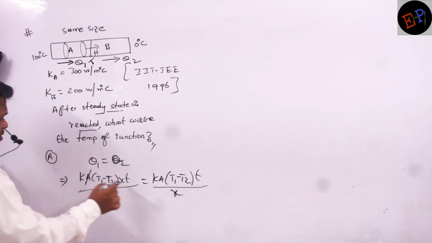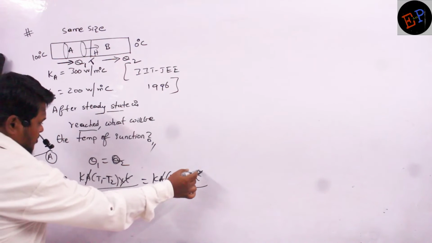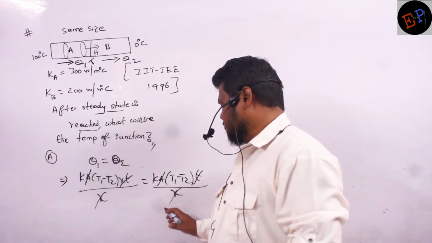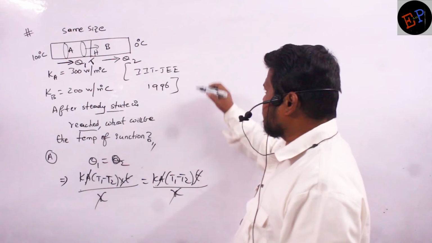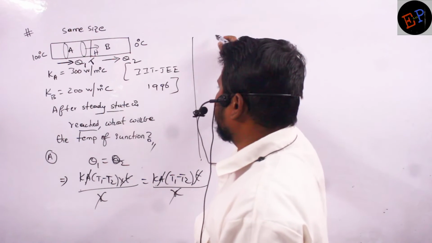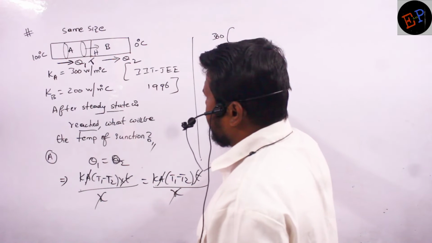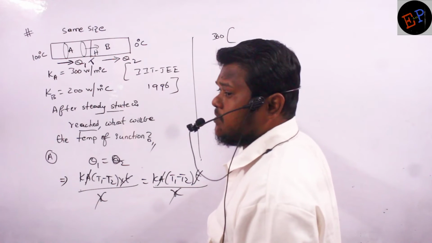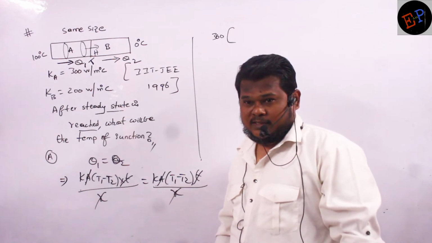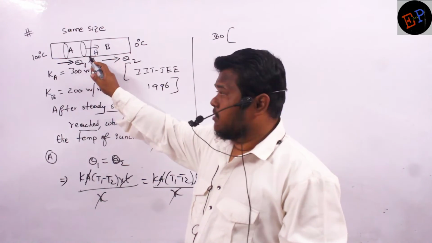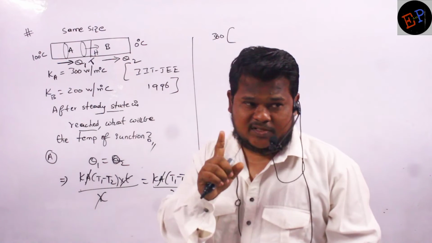Area of cross sections are the same, time taken is the same, and lengths X are also the same. Now which terms are variable here? The K value is variable. The K value of the first rod is 300. What is the temperature difference across the first rod? 100 minus T, the temperature of the junction we have written.